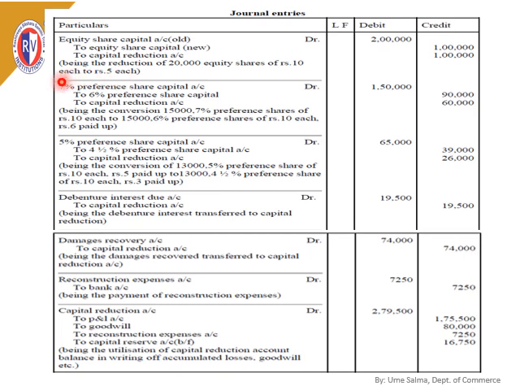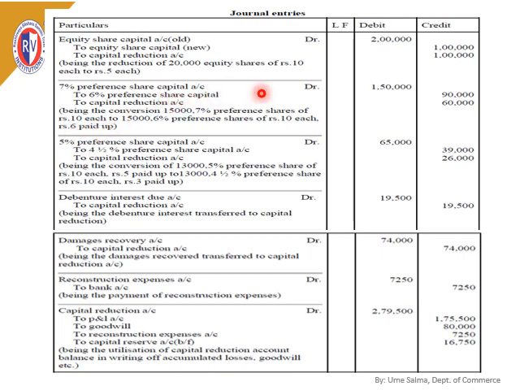Now next, move on to the preference share capital. The 7% preference share capital old figure is 1,50,000, which we have extracted from the balance sheet. And for the new changes in the adjustment, they are asking for the reduction of preference share capital from 10 each to 6.